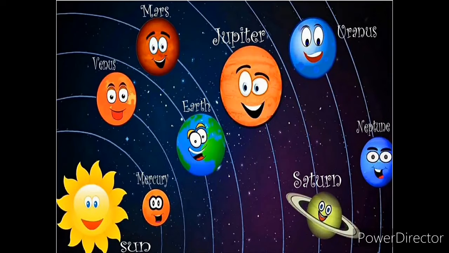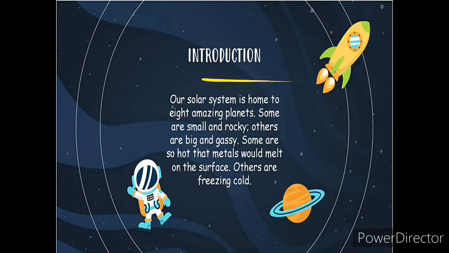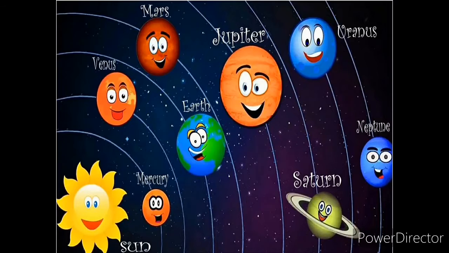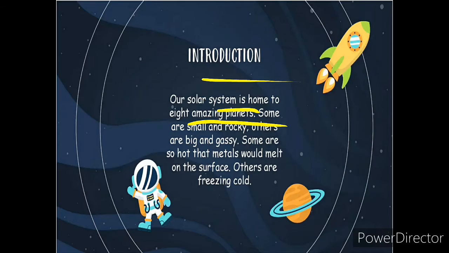Okay, now the introduction of the chapter. Everyone knows that our solar system is home to 8 amazing planets: Mercury, Venus, Earth, Mars, Jupiter, Saturn, Uranus and Neptune.